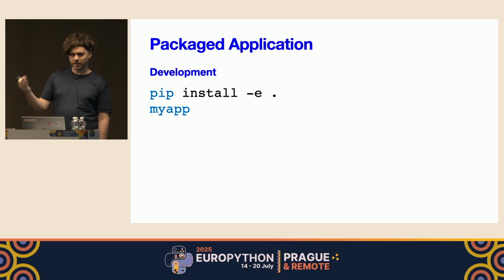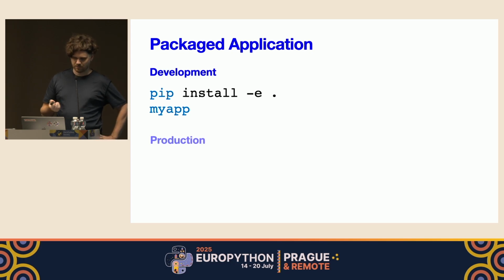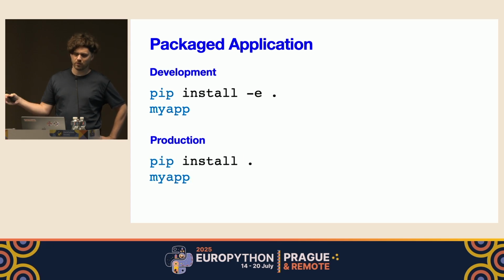And then we run it, and we can run it using some global alias that pip will create for us. And for production deployment, we can also delegate most of our work to pip. It doesn't matter whether you're deploying to Docker or building Debian packages, you essentially let the package manager do all the work for you.